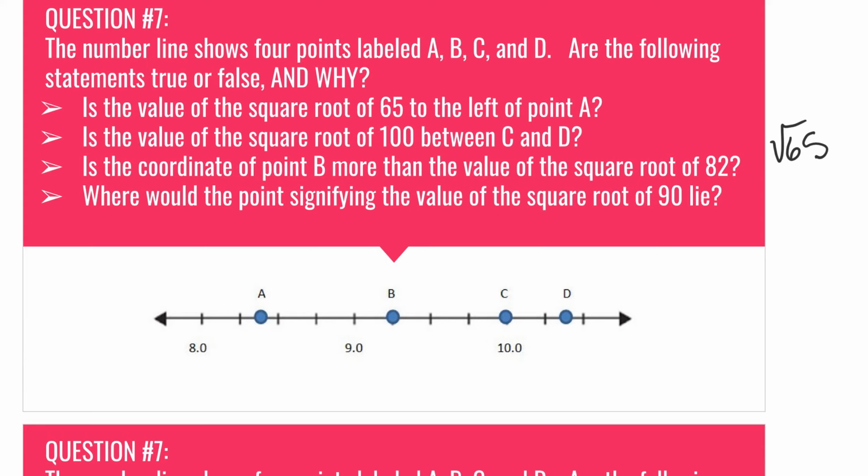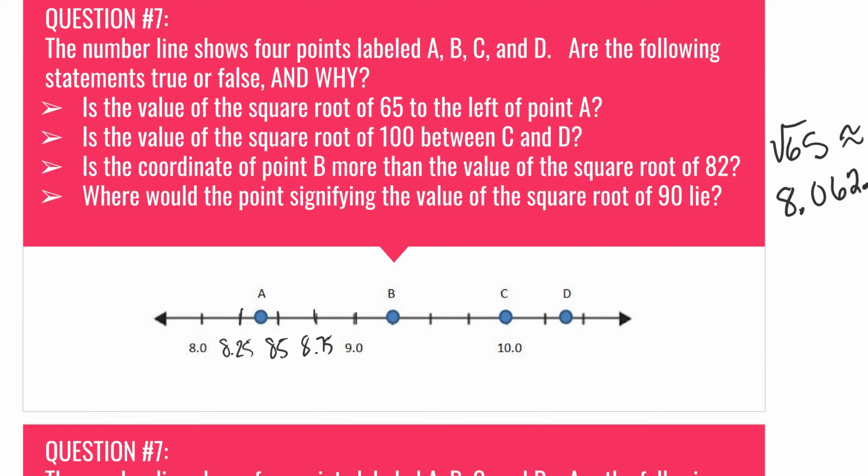Well, first we got to find out what is the square root of 65, and that is approximately 8.062 with several dots. Well, let's see. 1, 2, 3, 4. That's 8.25, 8.5, 8.75, and I have 8.06.